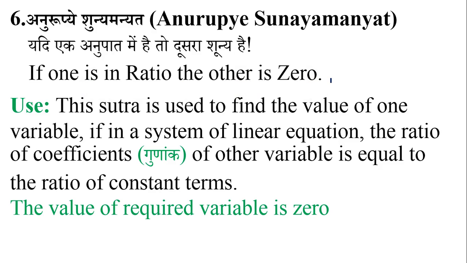This sutra is used to find the value of one variable. If in a system of linear equations, the ratio of coefficients of one variable is equal to the ratio of constant terms, the value of the other variable is 0.